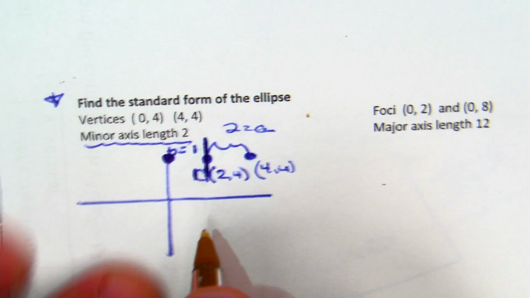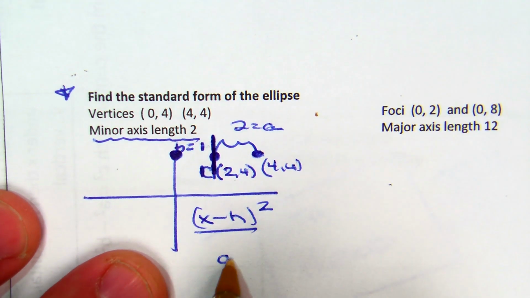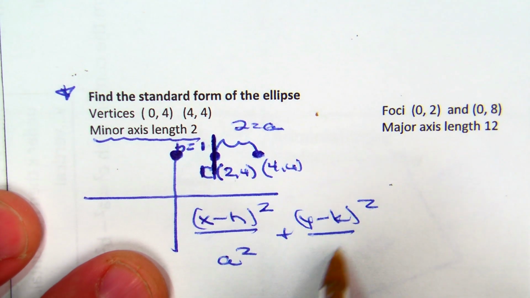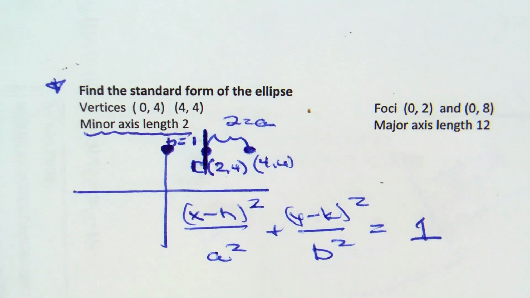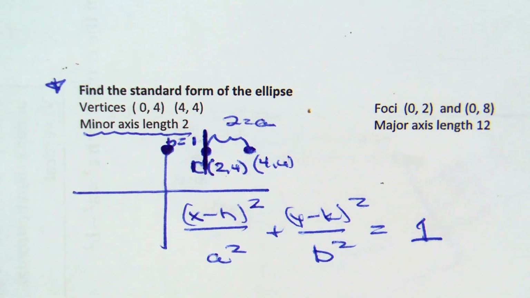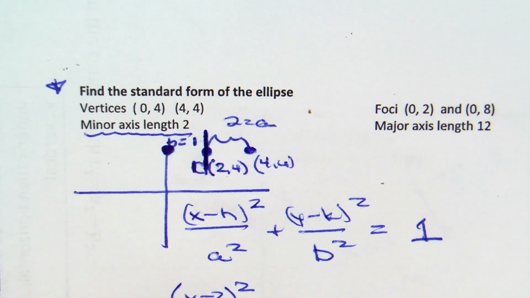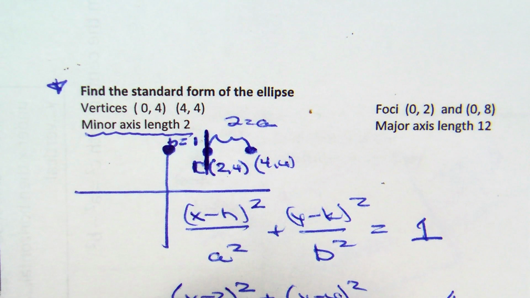All right. So now I'm looking at (x minus h)² over a² plus (y minus k)² over b² equals 1. The reason I put the a under the x is because I know my major axis is the horizontal. If my center is 2, 4, this becomes (x minus 2)² plus (y minus 4)², and I know I'm going to have a 1 over there.